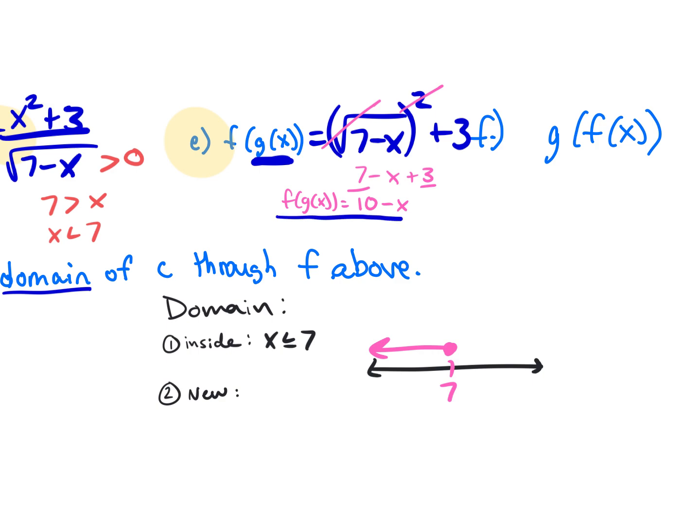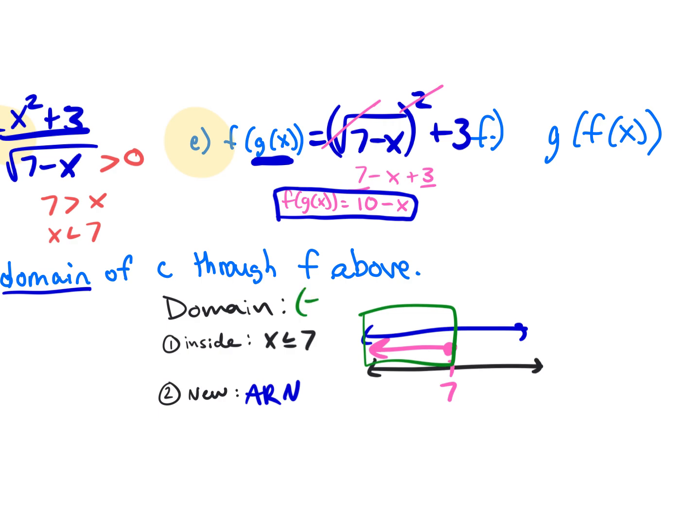So our new function was 10 minus x. What's our domain here? All real numbers. There's no square roots, there's no fractions, so it's all real numbers. So on a number line, that'd be everything. So what overlaps between these 2 domains? Awesome. Negative infinity to 7. Bracket or parentheses? Bracket.